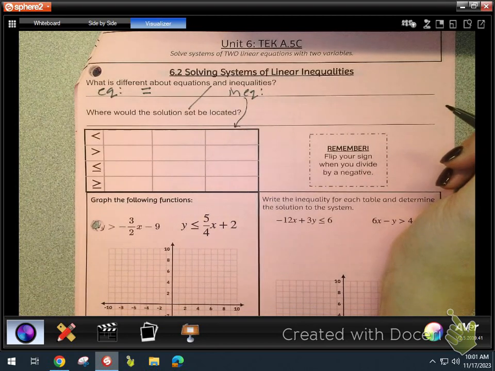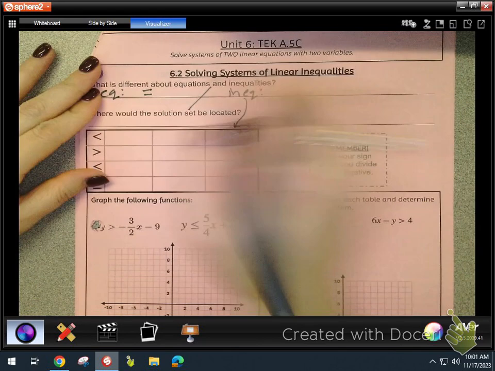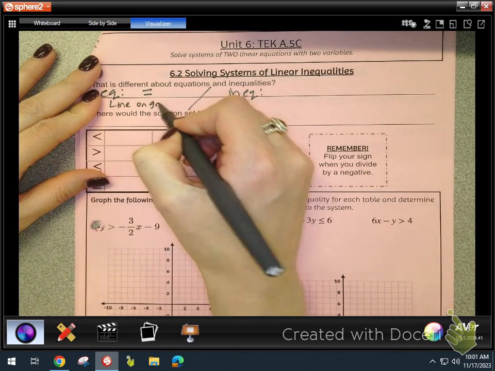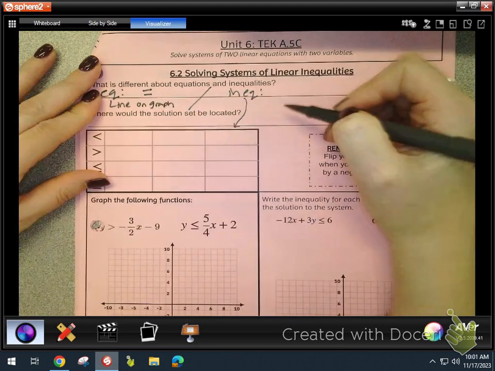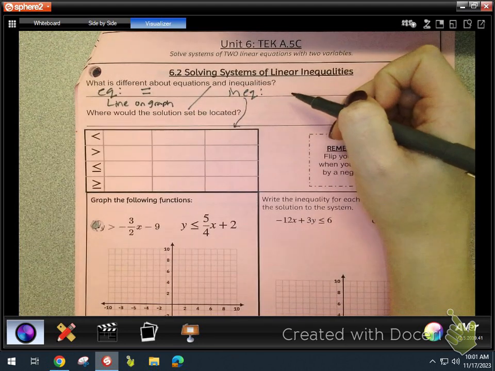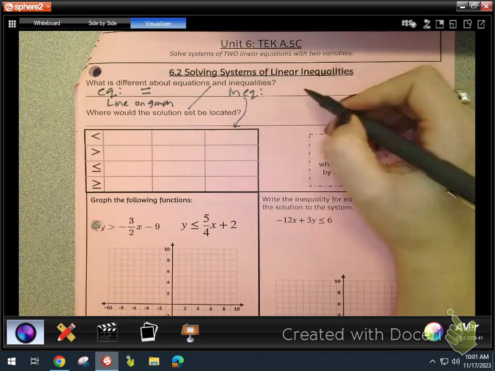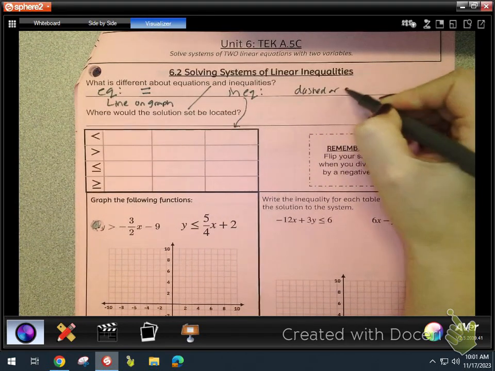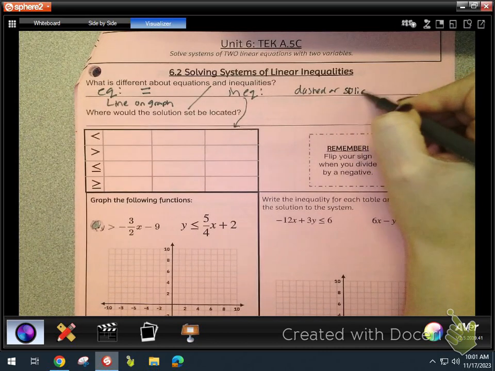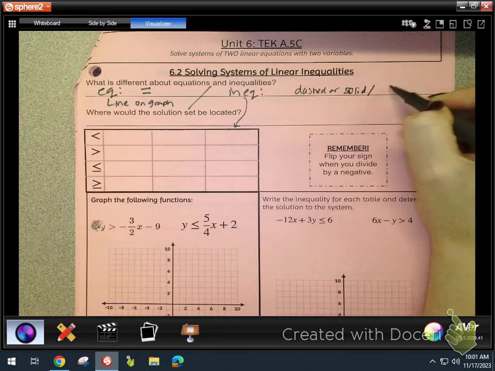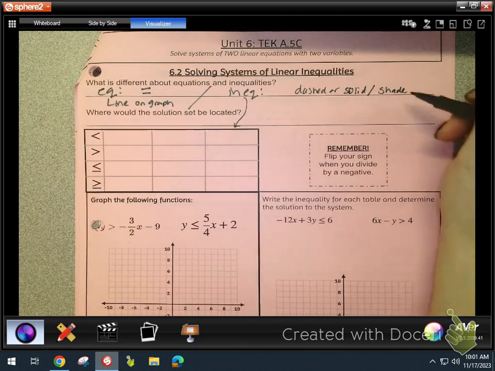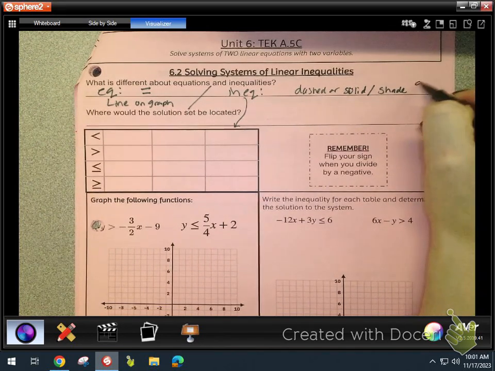Now, graphically, an equation will just be a line on a graph, no shade. Graphically, inequalities will be dashed or solid lines. And then what else do you have? A symbol. Greater or less than. And then we're going to shade either above or below.